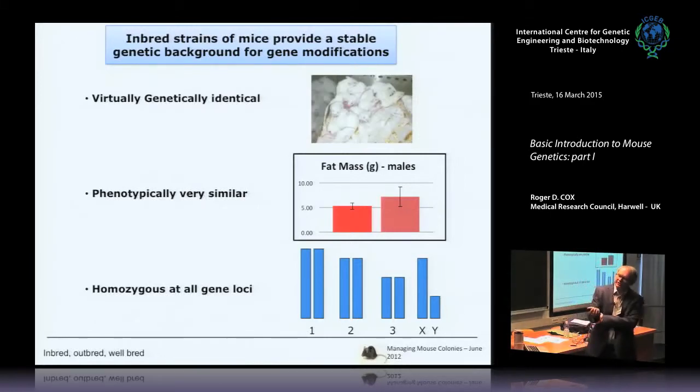And these are some slides that I've pinched from a course that they run at Sanger that Sarah Wells, the director of the Mary Lyon Centre at Harwell, teaches on. And she updates them every year, and this hasn't changed for the last year.